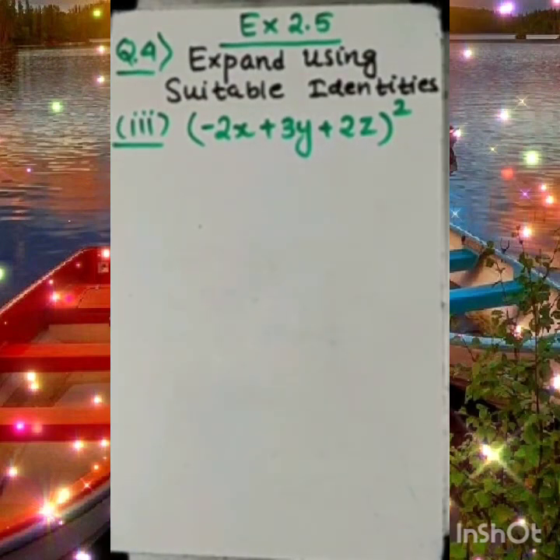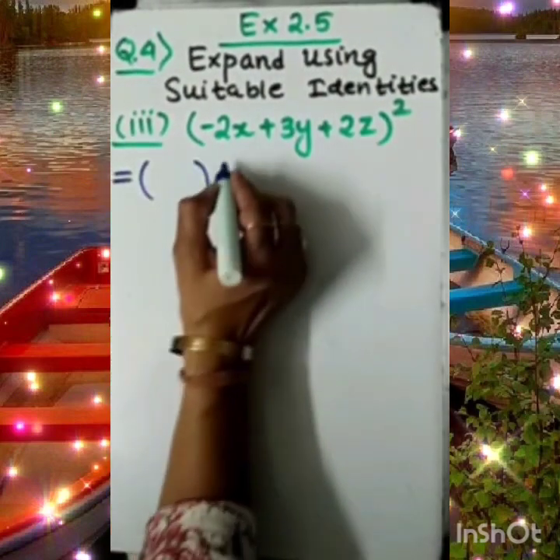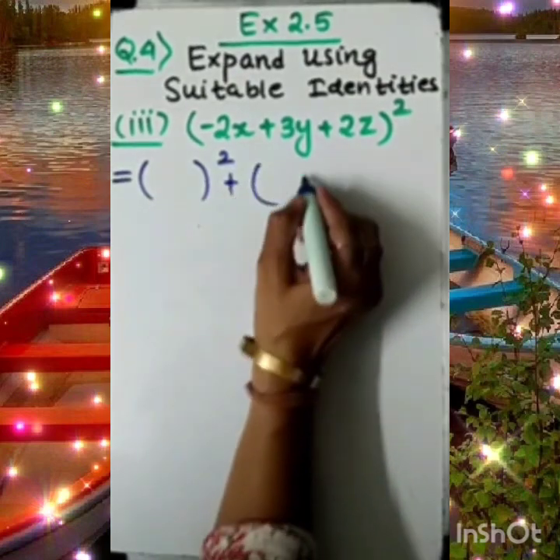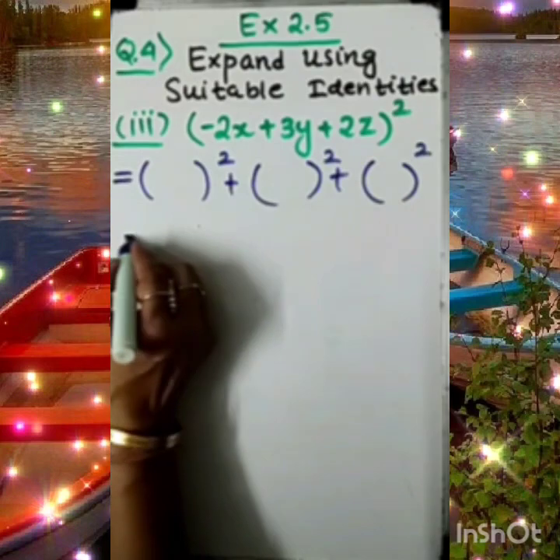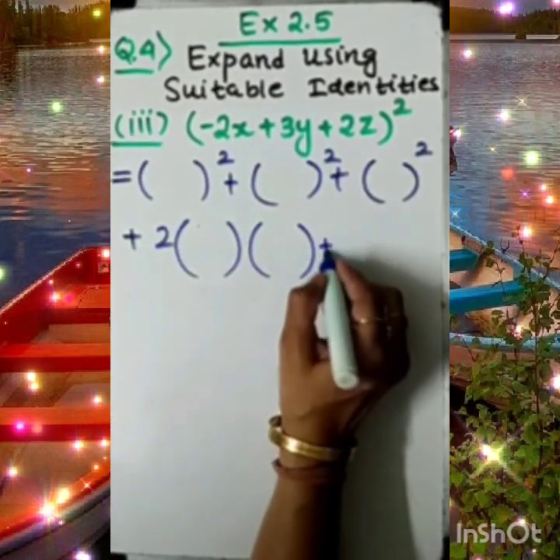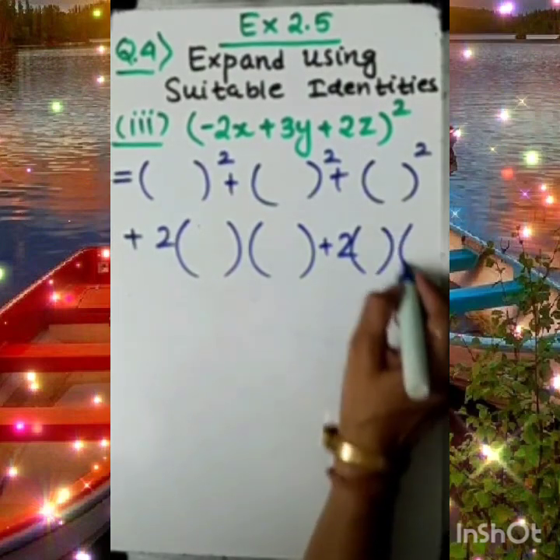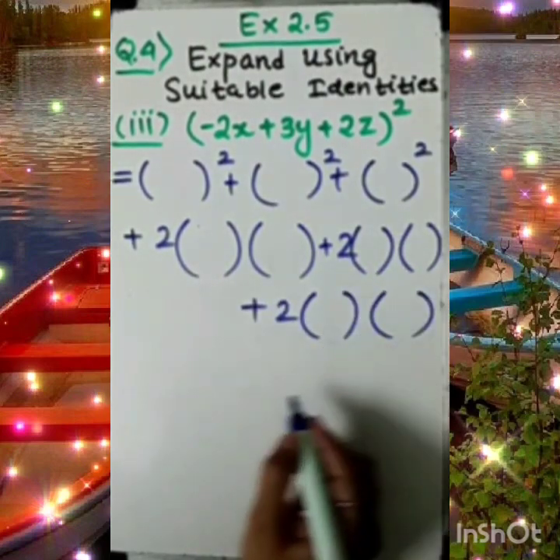So we are going to do the squaring of a trinomial. Let's apply the identity. As we know, square of first term plus square of second term plus square of third term plus 2 into first term into second term, 2 into second and third, and of course 2 into third term and first term.